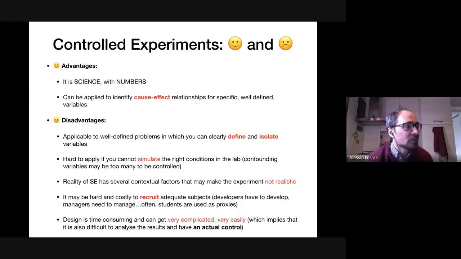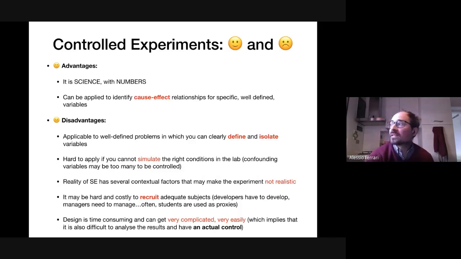The behavior, especially the behavior of people in an experimental environment, is way different from their behavior in the real world of software development. The obvious thing is that while in a lab the experiment is carried out and it lasts maybe 1 hour, 2 hours maximum, also because afterwards people get tired.